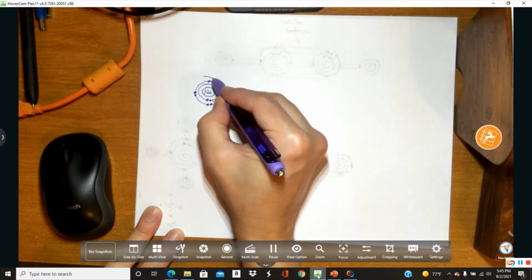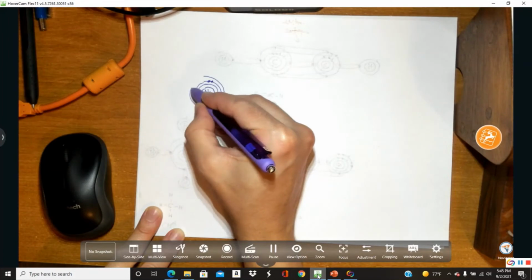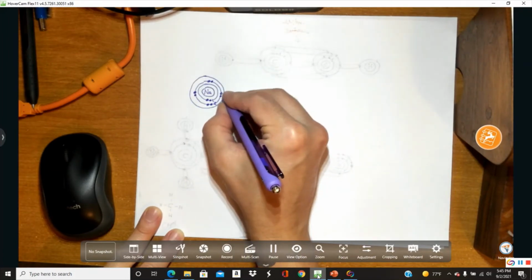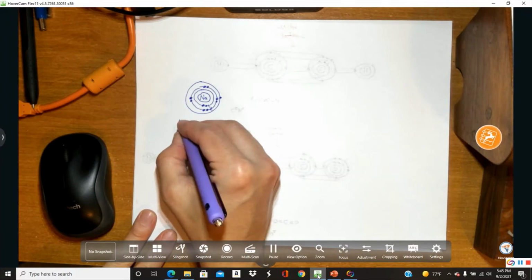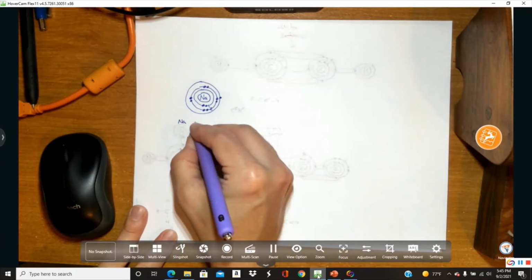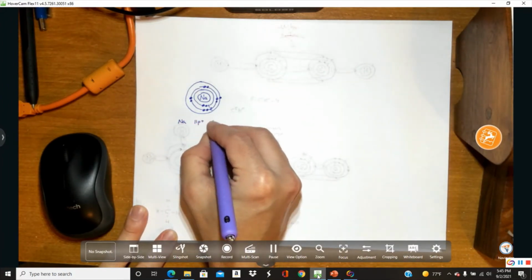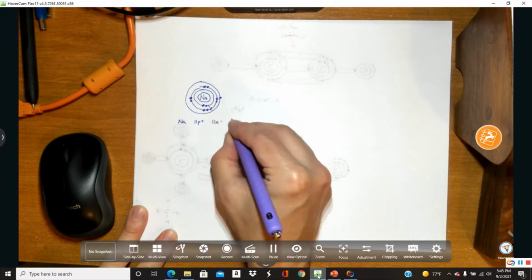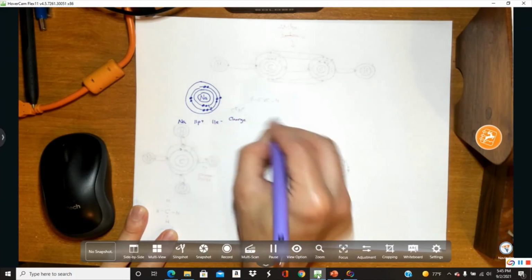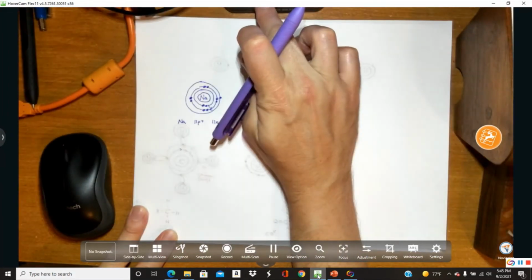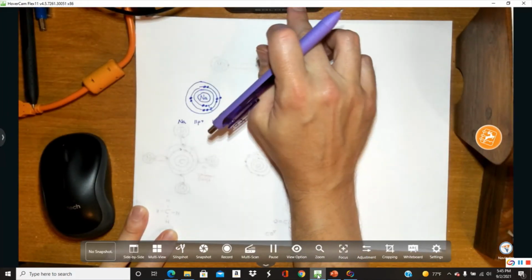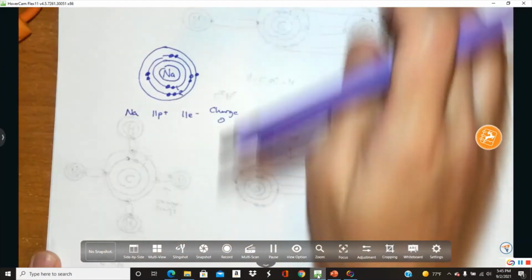And then the third shell. Then there was the third shell. And we're going to put one right there. Okay. Now, this sodium atom has 11 protons, 11 electrons. So when we look at its charge, it will have no charge. Okay, no charge.